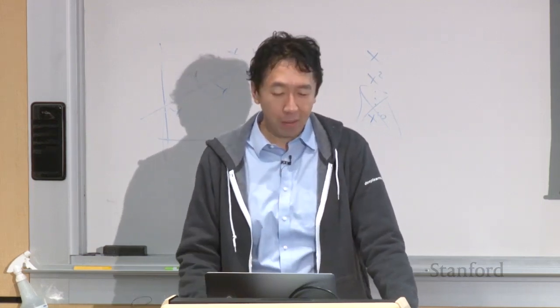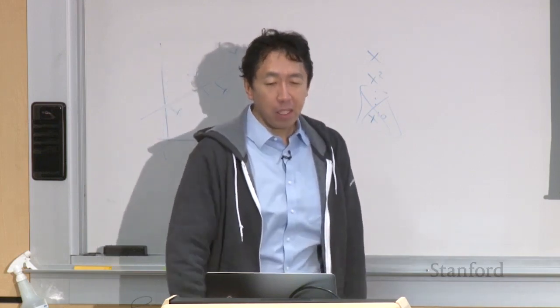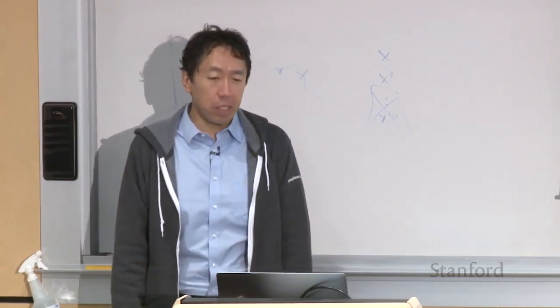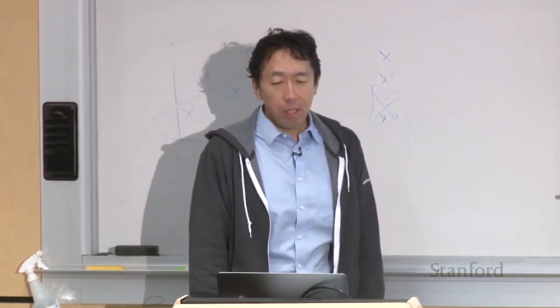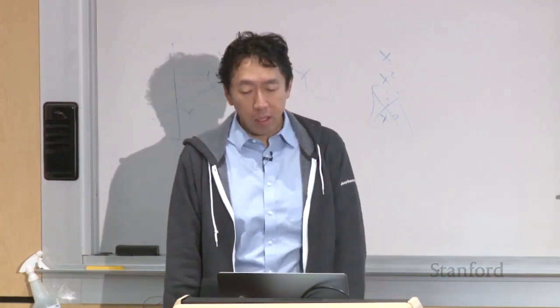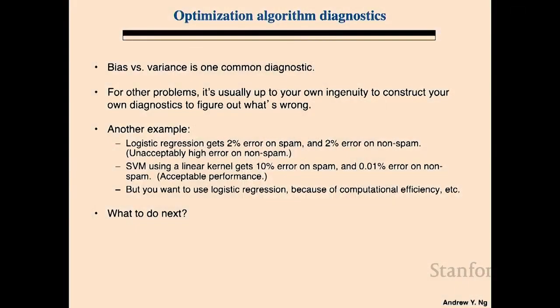Maybe they're a little bit abstract. Let's say that you tune your logistic regression algorithm for a while, and let's say logistic regression gets 2% error on spam email and 2% error on non-spam, right? And it's okay to have 2% error on spam email, maybe, right? So you have to read a little bit of spam email. That's okay.